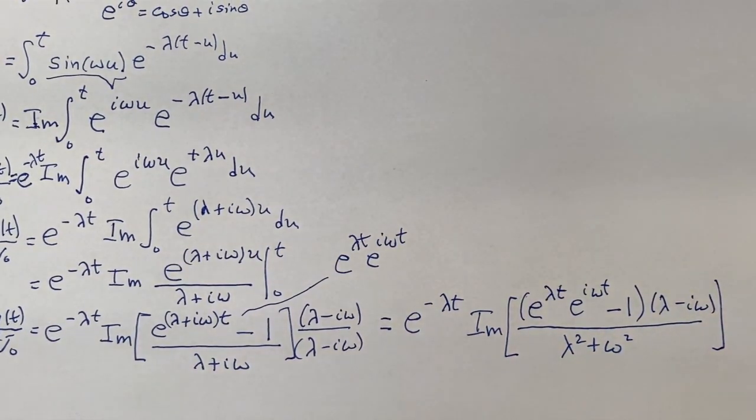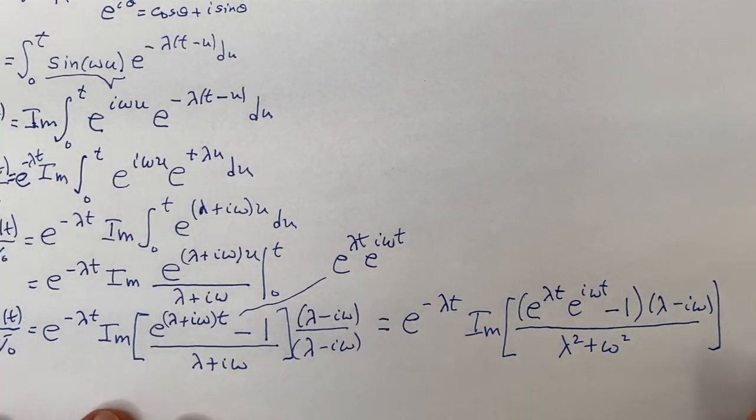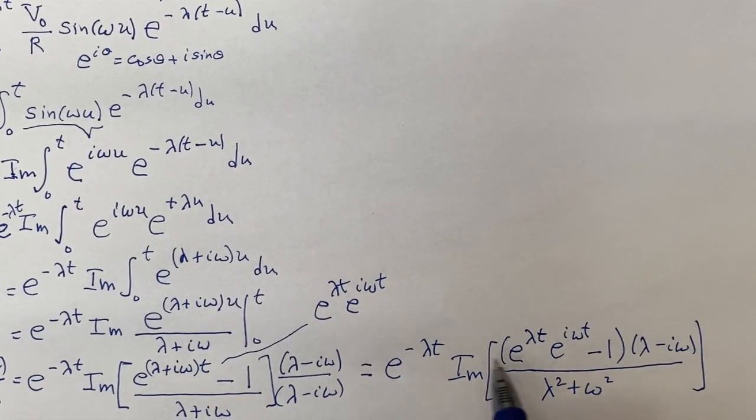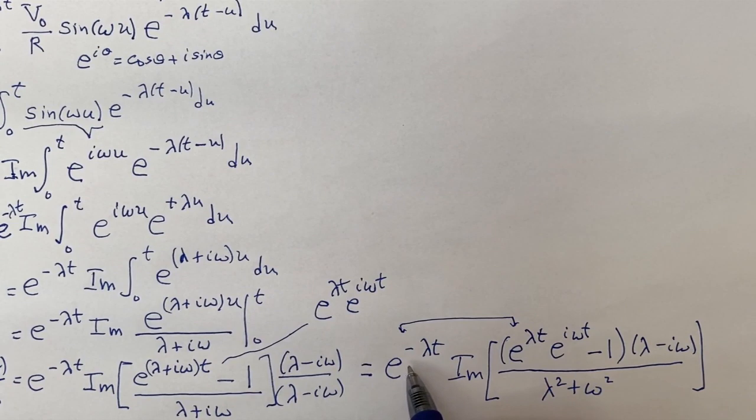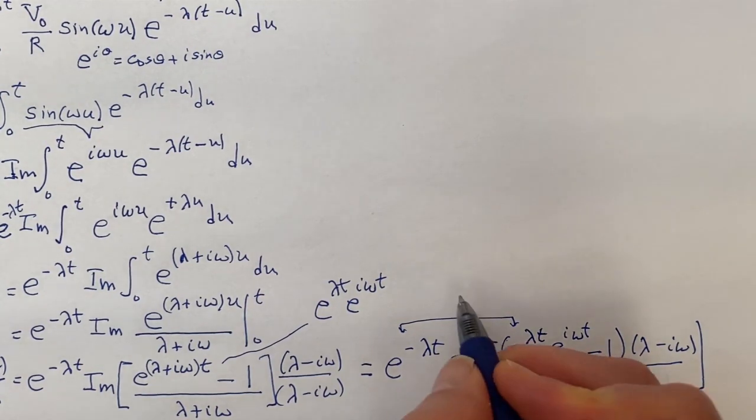So that looks good. And then we're going to work out each part. Now notice that in this first part, when this minus lambda t hits that plus lambda t, that's going to be 1. So that's a nice simplification that we're going to get.